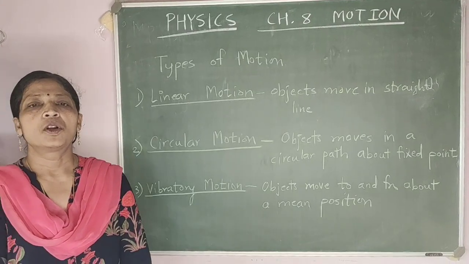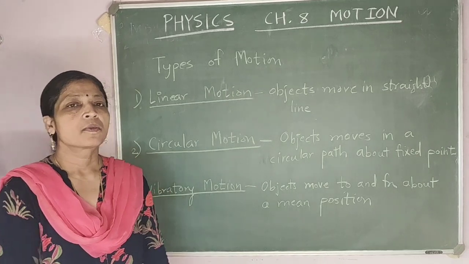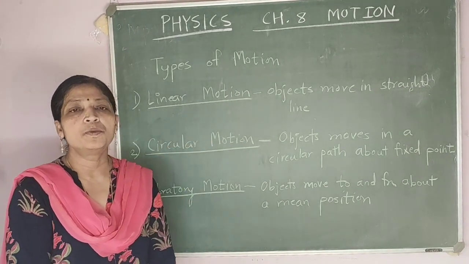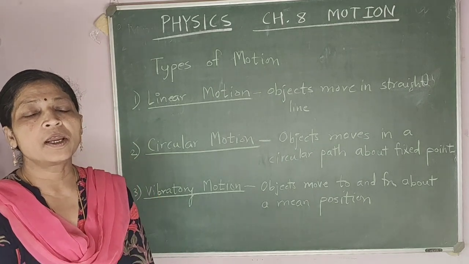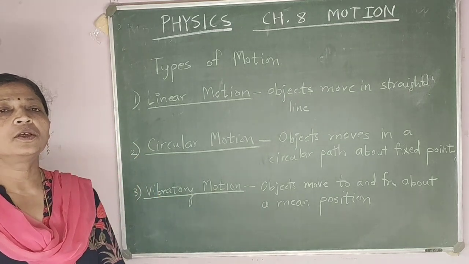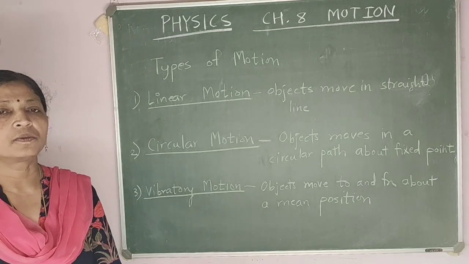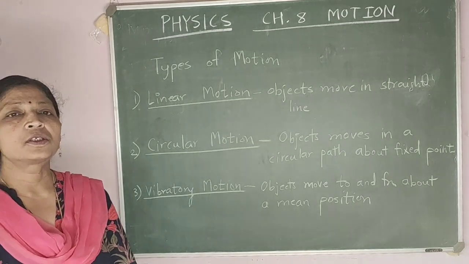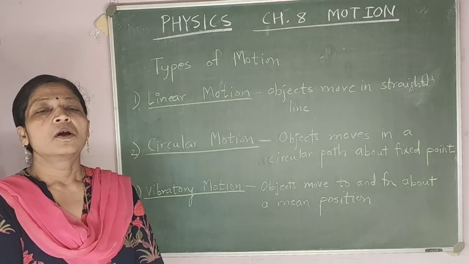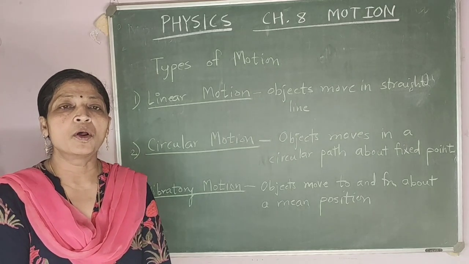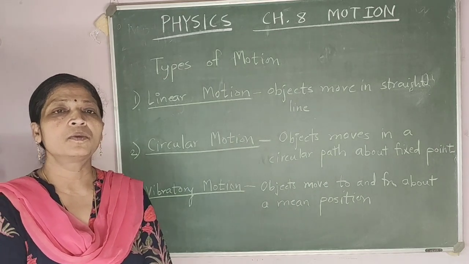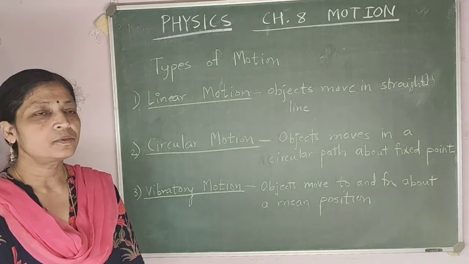We will see what the types of motion are. The first is linear motion. When objects move in a straight line path, the motion is linear motion. Examples: a car moving on a straight road, or a ball dropped from some height. These two are examples of linear motion.